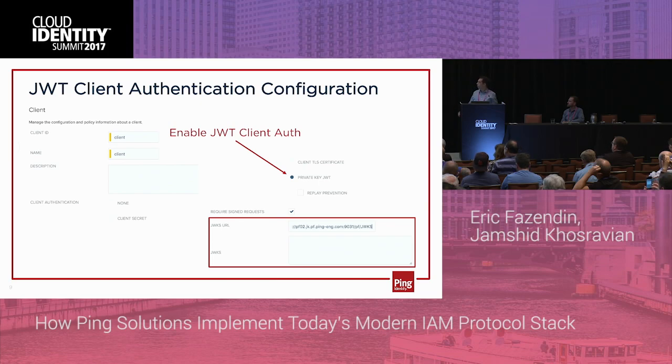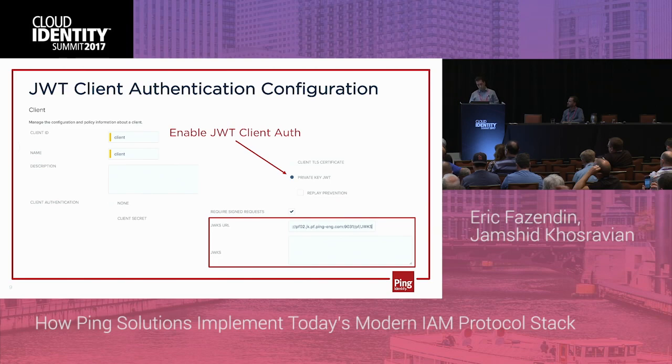And then there is a replay prevention, so it'll prevent the client from reusing the same token for a client authorization. And at the bottom, there's the JWKS URL and JWKS.